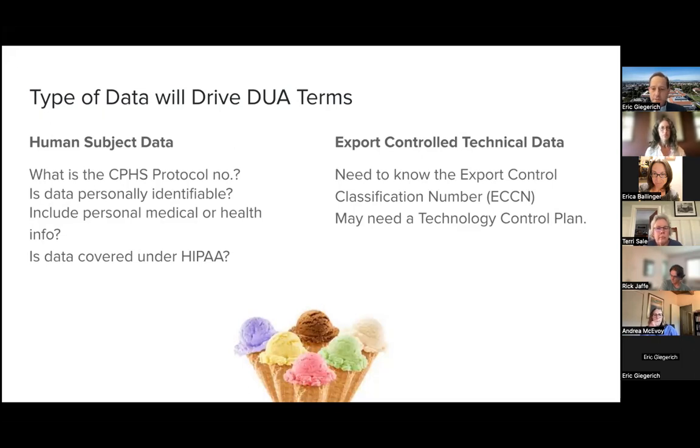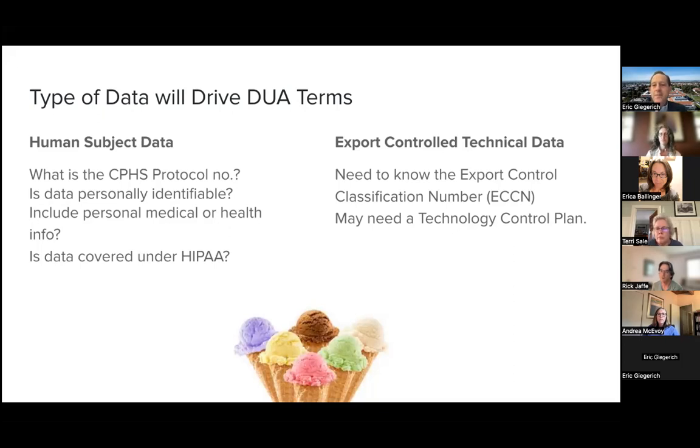All of those triage questions will in some way determine what we expect to see in the data use agreement, or what it already covers, or what we may want to put in. Another category is export controlled technical data. This wouldn't be about people. This would be about designs, software, different kinds of process design kits, and so on.